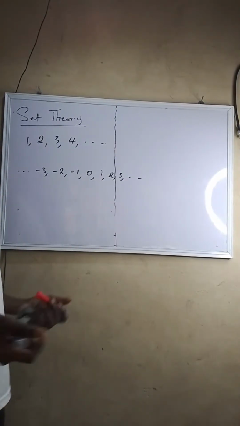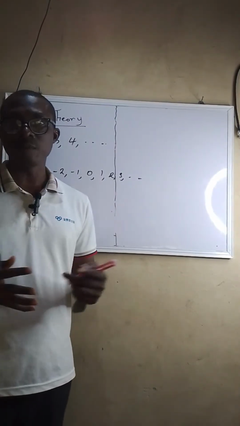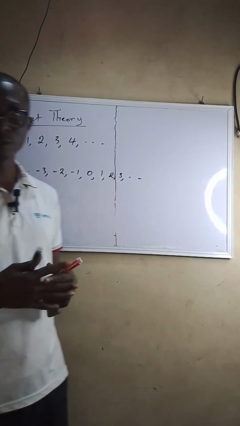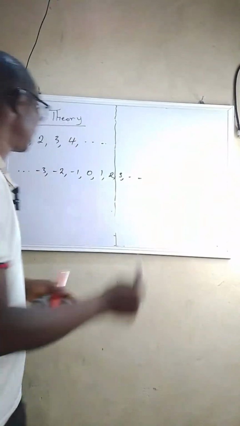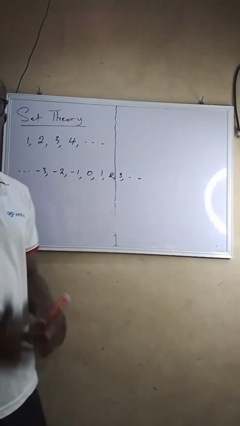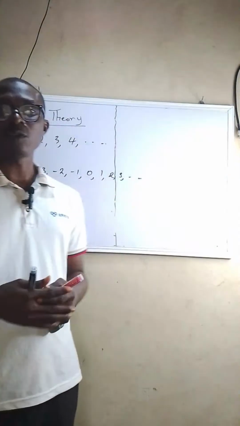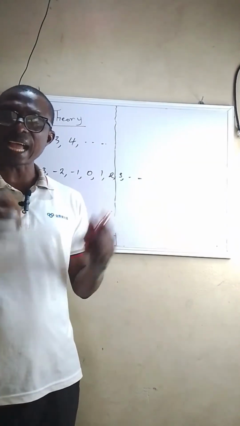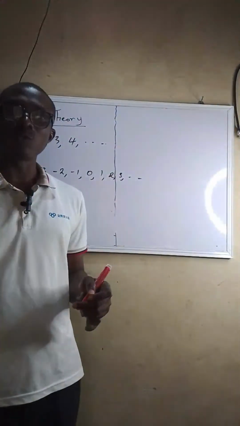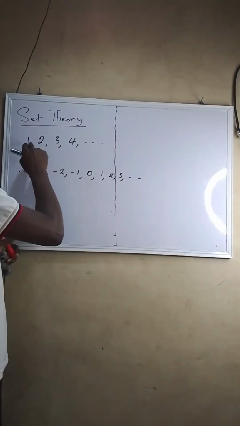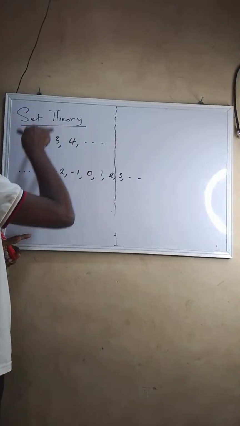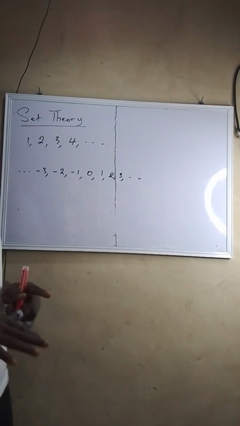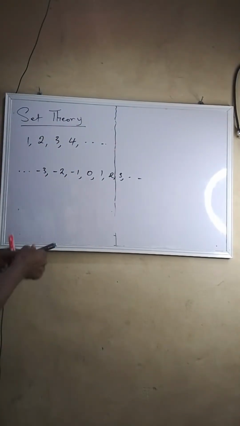So another set of numbers we call even numbers. Now I want you to get the definition of even numbers rightly. Even numbers are natural numbers, or you say they are counting numbers. So they are the set of counting numbers that are divisible by 2. Not all the natural numbers, but the natural numbers that are divisible by 2. So we can select them.